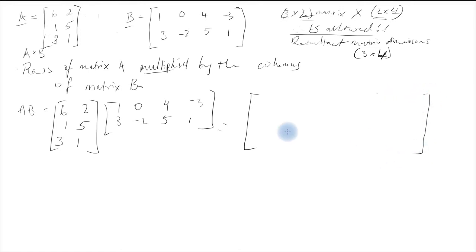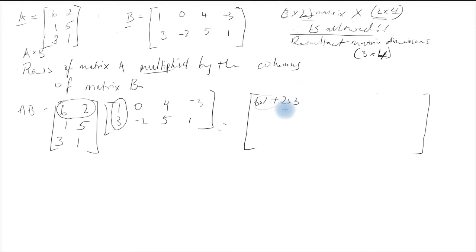Now, to find the thing that goes in our first spot, we're going to do the first row times the first column. So we're going to have 6 times 1, and add that to 2 times 3.